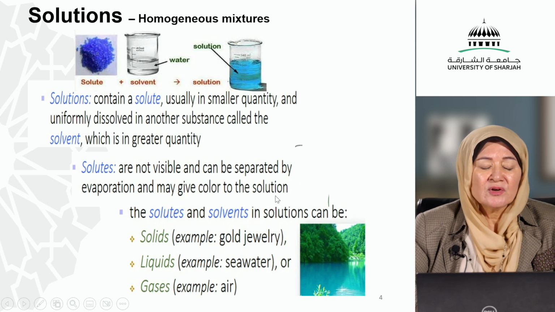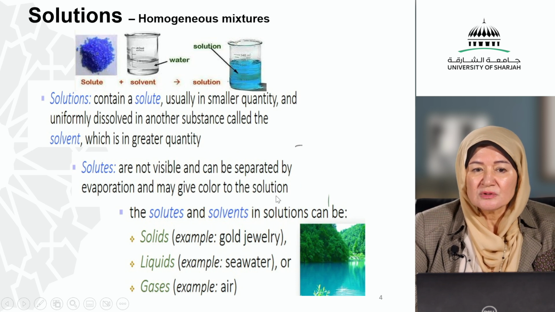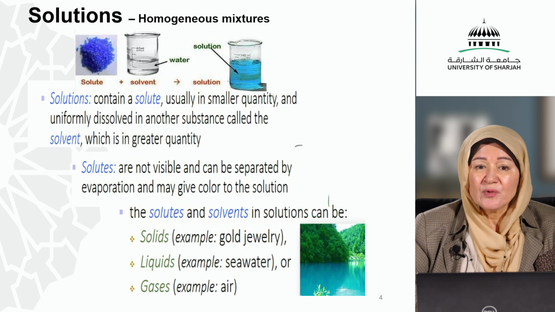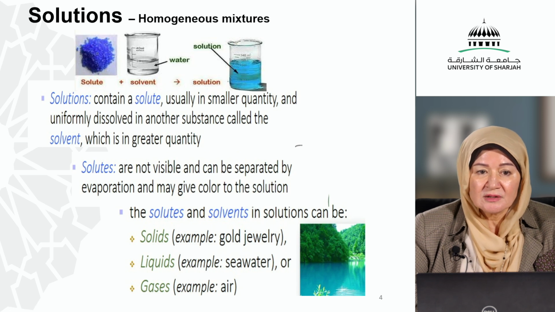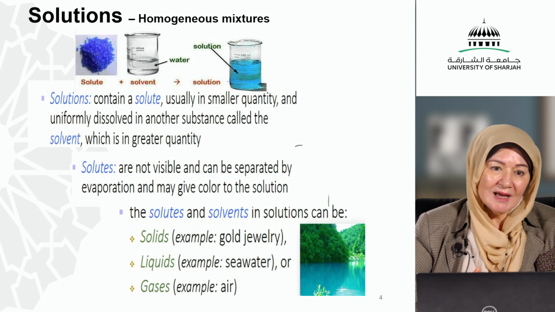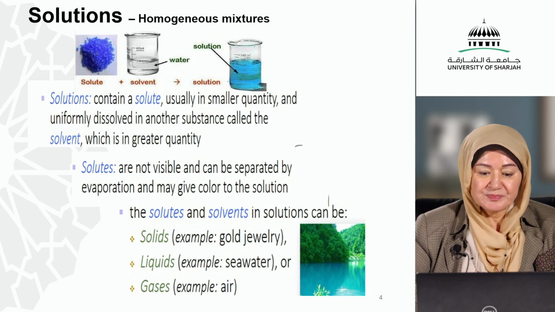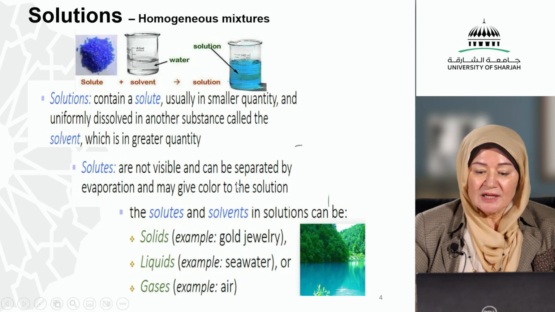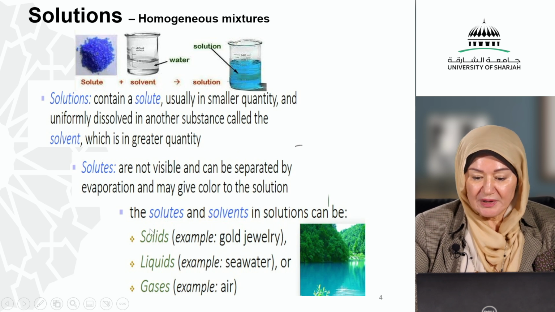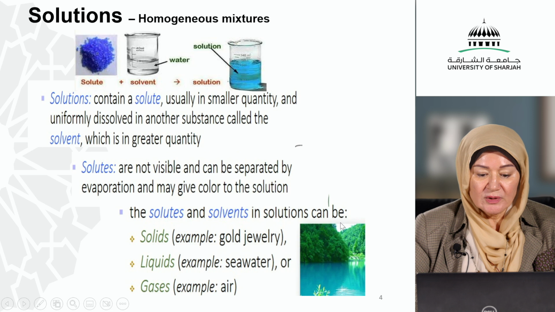For example, whenever you have salt water like seawater, if I want to, I may evaporate the water. I will get at the end the salt itself, the sodium chloride, whenever I evaporate the water. The solute and solvents in solutions can be solids, liquids, gases.